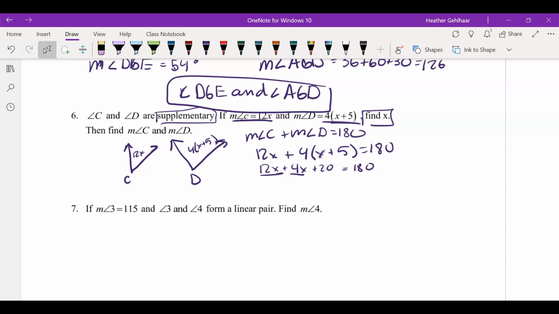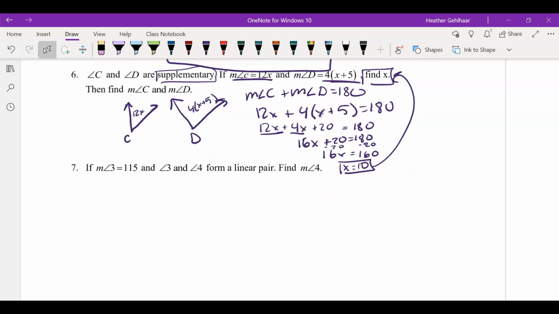I'm going to combine these two here. So that's 16x plus 20 equals 180. 16x equals, I'm going to subtract 20 over. So that's 160. So when I do 160 divided by 16, we will get x equals 10. Okay, so that was what we wanted to find.